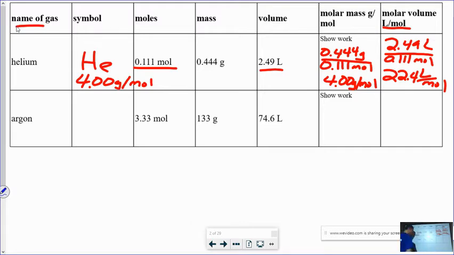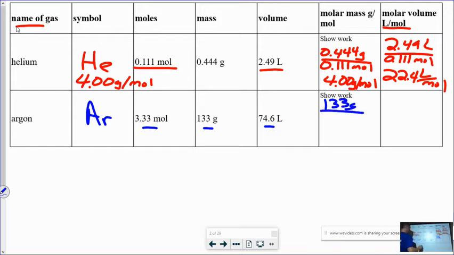So let's do that for another gas. We got argon. And the symbol for argon is capital A lowercase r. It gives us the information right here. We do the grams per mole, 133 grams.